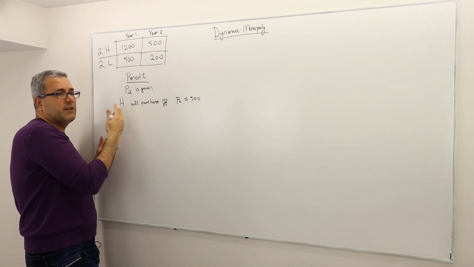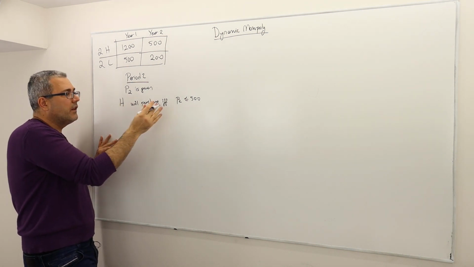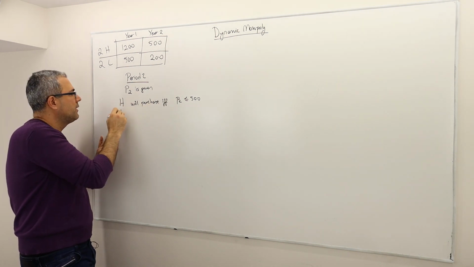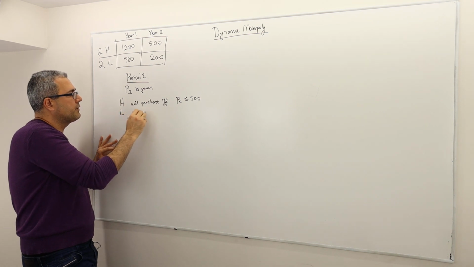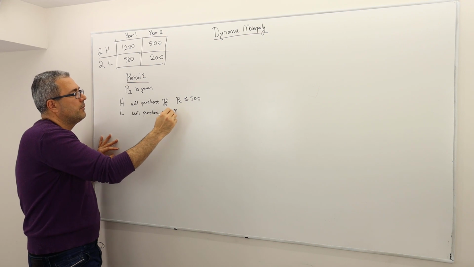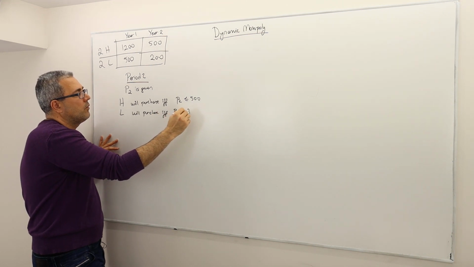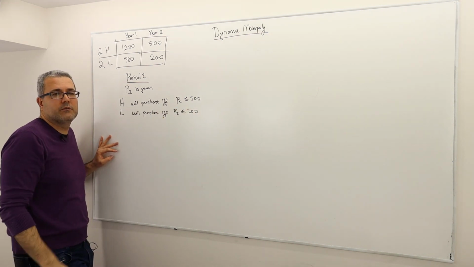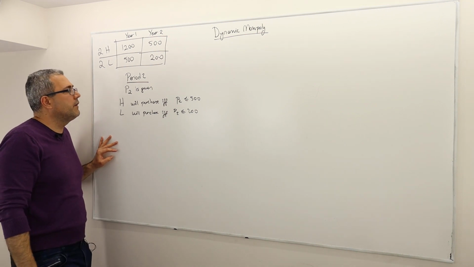Agree? So this is his optimal strategy. Otherwise, he's not going to purchase. Both low types will purchase if and only if P2 is less than or equal to 200. Clear? All right, very good.